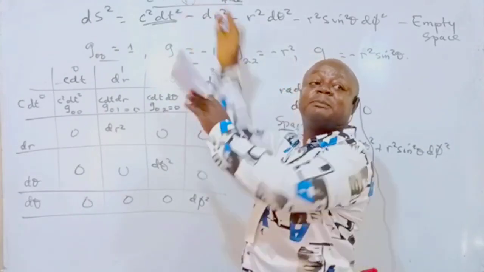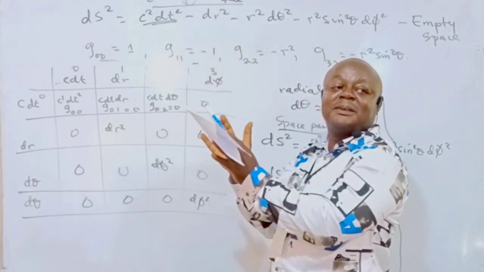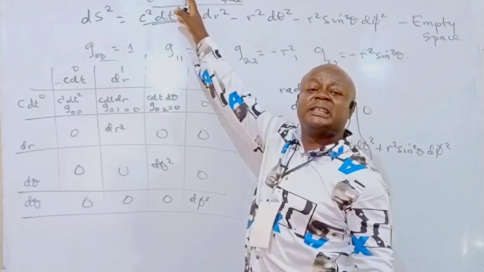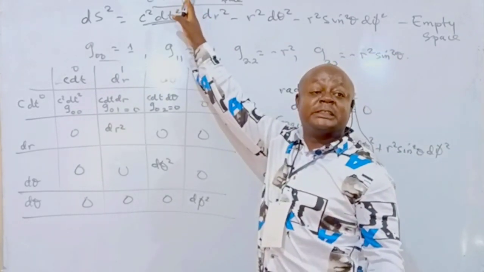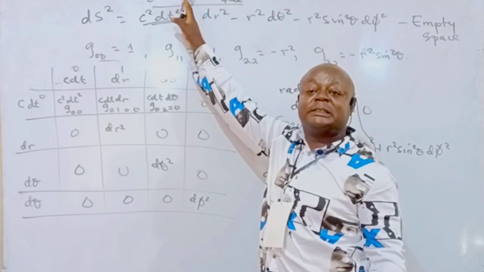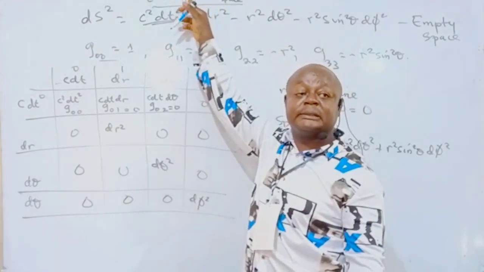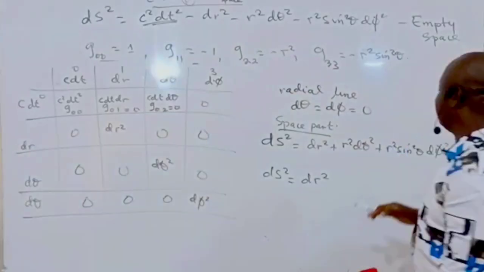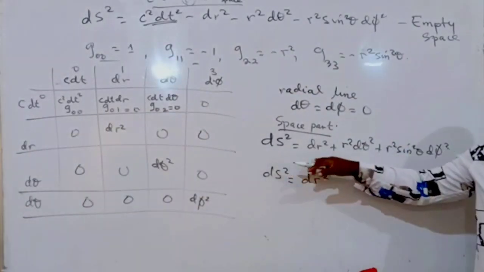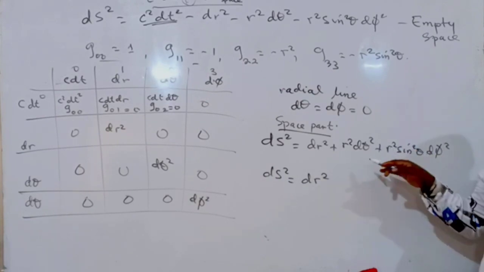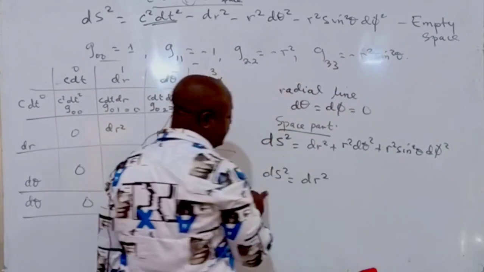Actually, the space part is positive. Are you getting the point? The space part is positive. But because we are dealing with, I think we call it a Minkowski space, that is why we have this minus sign. So when I'm isolating the space part, the minus will not appear. Are you getting the point? The minus will not appear. So we now have this.